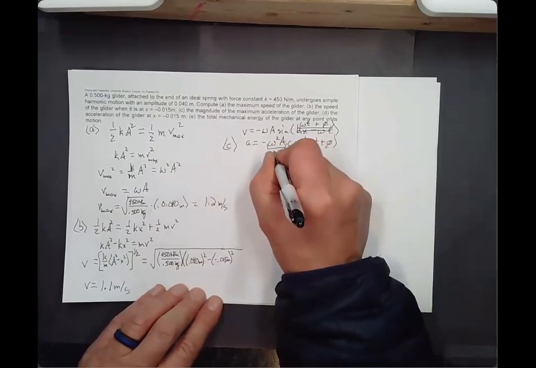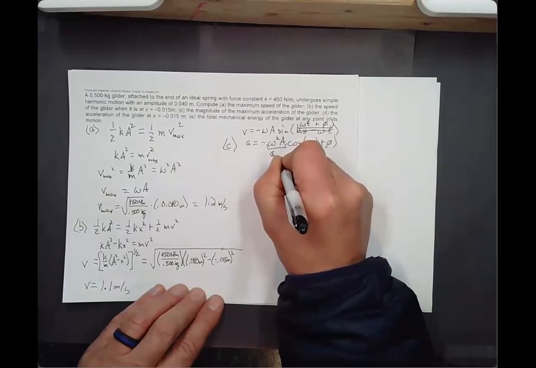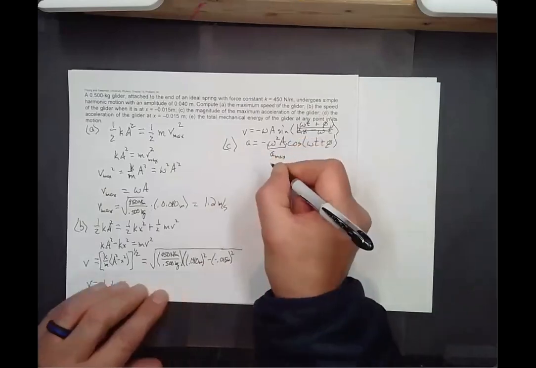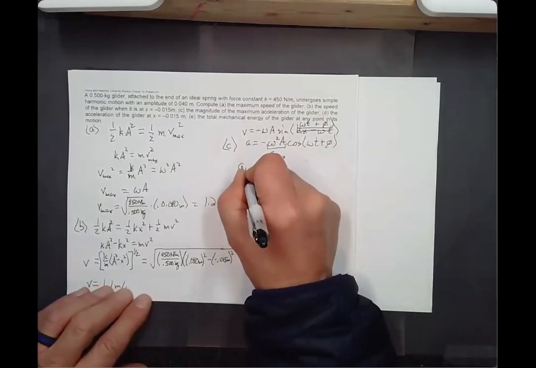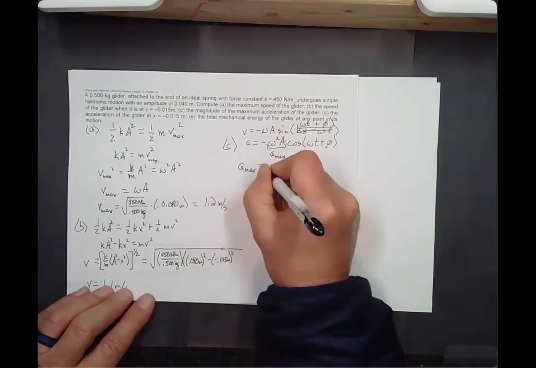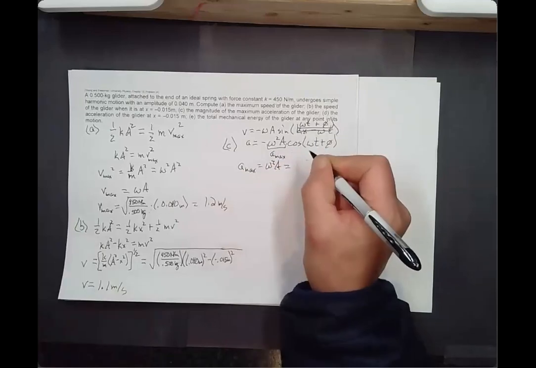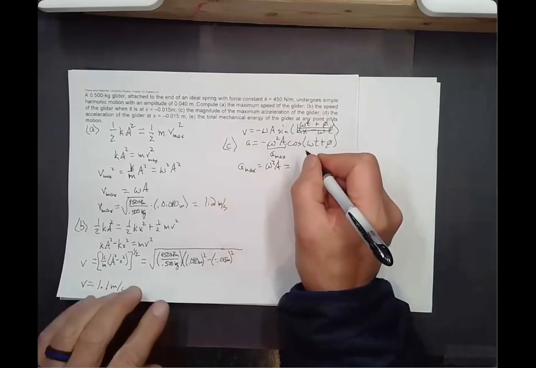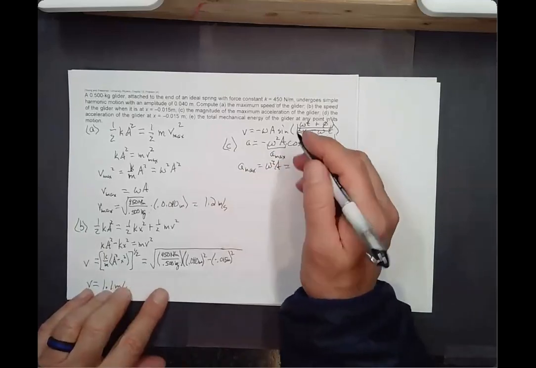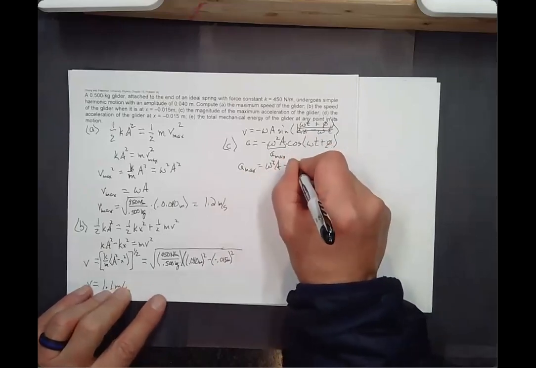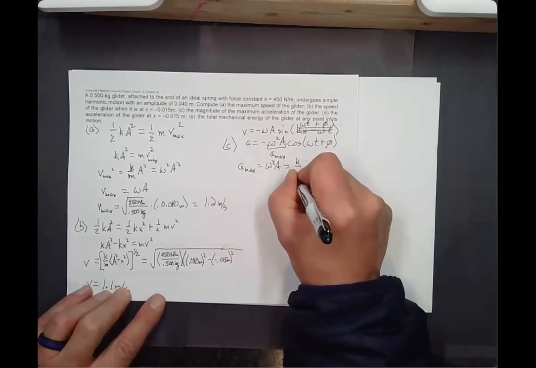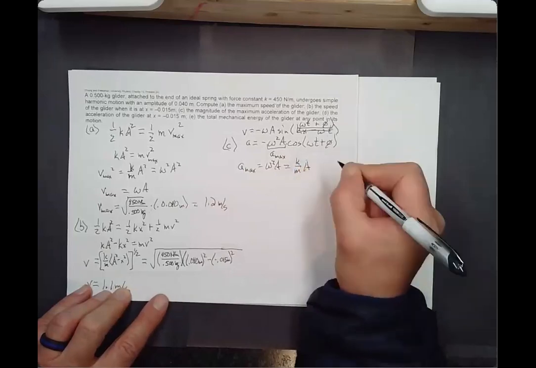So this is a max. To get that a max, I just go omega squared a, and omega is the square root of k over m. Omega squared is k over m. So k over m times a.